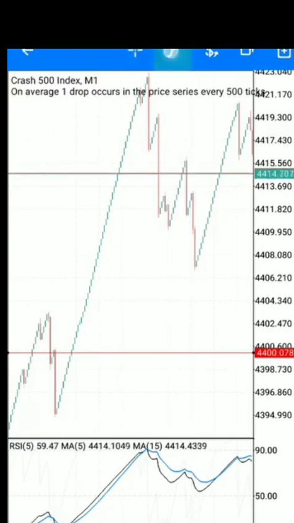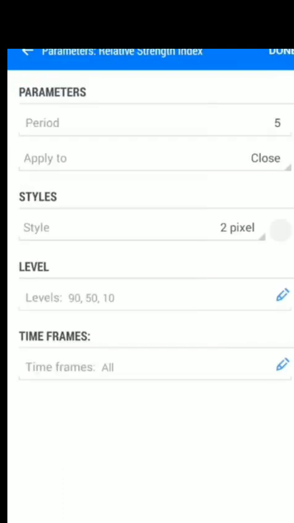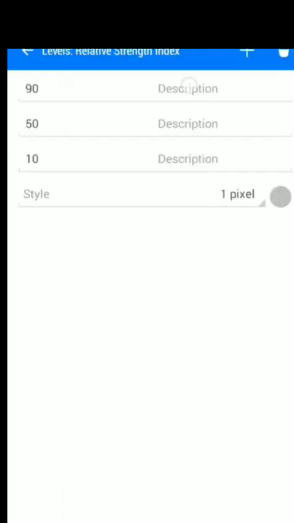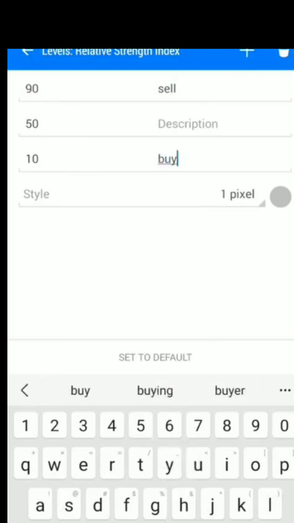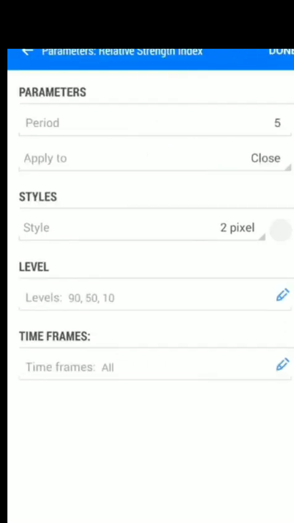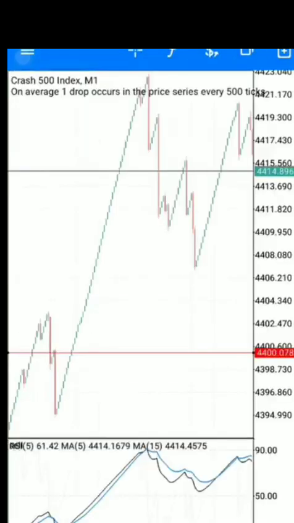For better understanding, on your relative strength index levels, you can remind yourself that at the 90 level, it is time to sell, and at the 10 level, it is time to buy. I just add that in the description, so you can also add it so that you won't get confused.